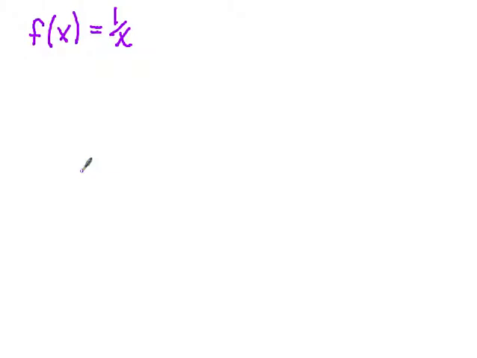So if you graph 1 divided by x, you should get something that looks like this. Is this graph continuous? Yes or no? Then you do zoom Z standard. So this graph is not continuous. Where is it not continuous?